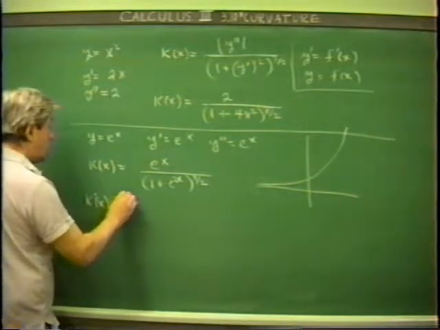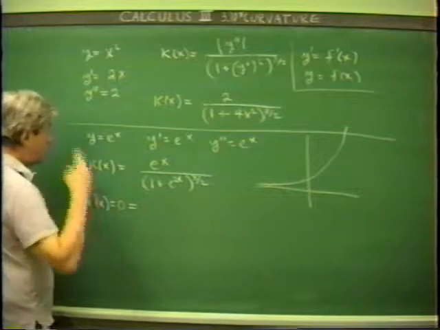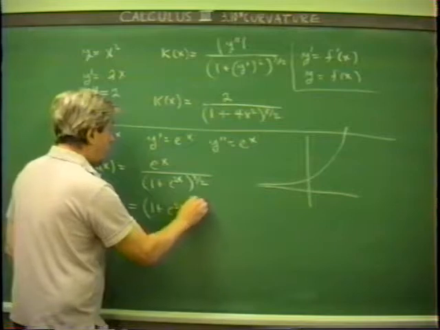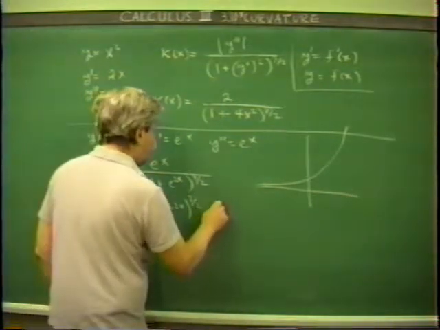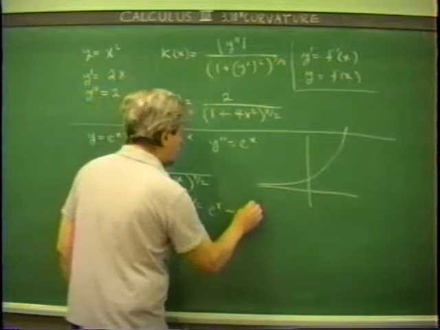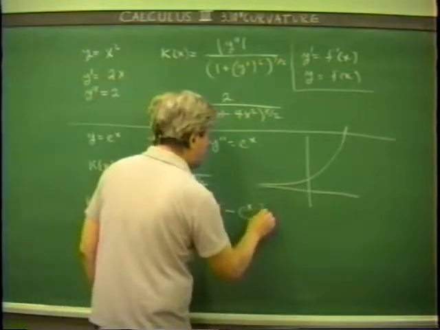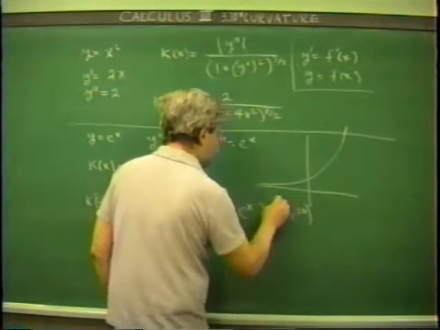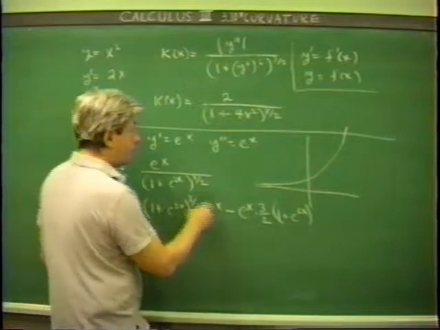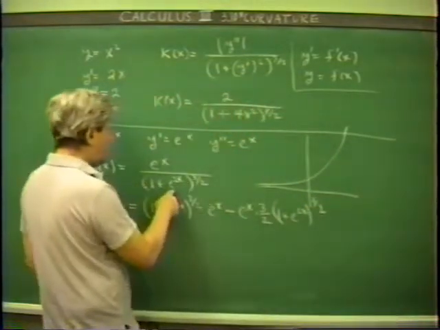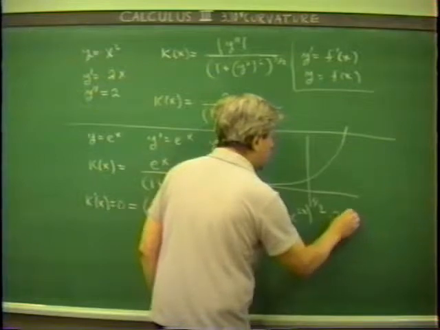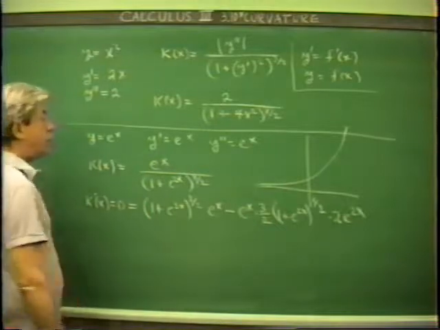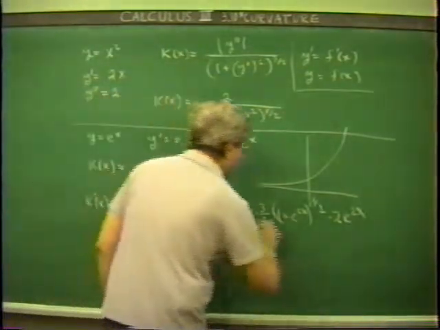So if we want to determine whether the curvature of a curve is maximal, we do the natural thing here, namely we take the derivative of the curvature and set it equal to 0. So the derivative of the curvature is the denominator here, 1 plus e to the 2x to the 3 halves, times the derivative of the numerator, which is e to the x, minus the numerator, e to the x, times the derivative of the denominator, which is 3 halves, 1 plus e to the 2x to the 1 half, times the derivative of 1 plus e to the 2x, which is 2 e to the 2x.